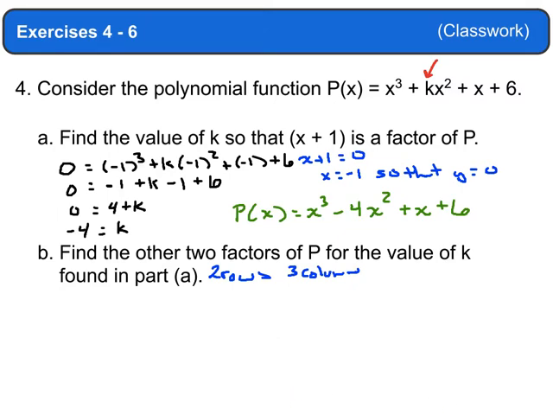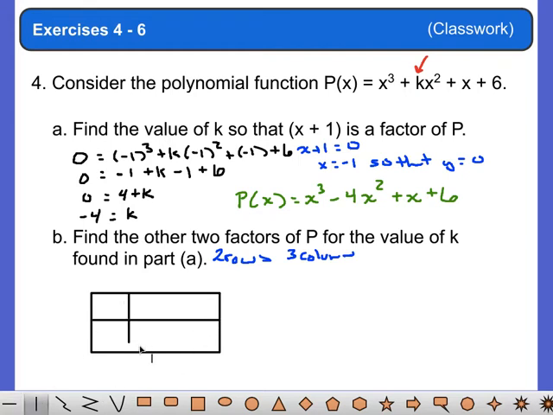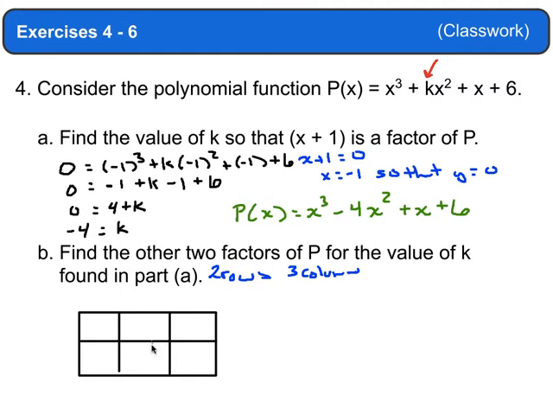Okay, so we draw our box. We'll make a nicer box than that. We are going to put our 2 rows, our 3 columns. Right, we'll slide this down just a little bit.